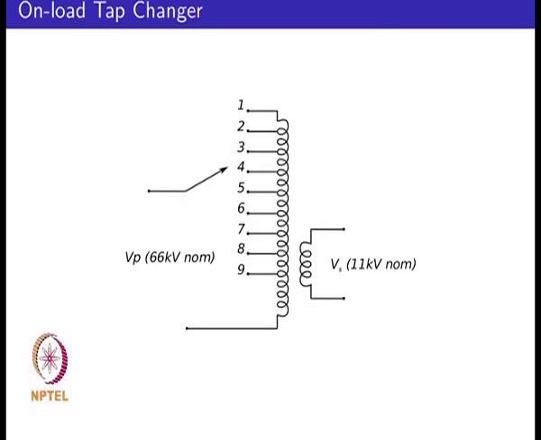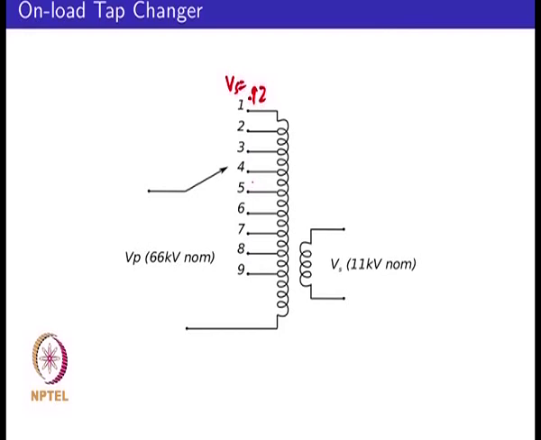If you are looking at a single line diagram, you are taking the on-load tap changer depending on where you are placing the taps. At tap 1, your secondary voltage would be 0.92 per unit.